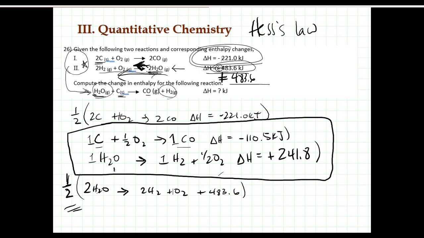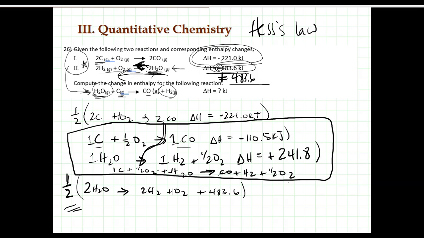So now I'm going to take these two equations and we're going to add them together. I have one carbon and half an oxygen and one water in all my reactants. And then on the other side of the yield sign, we have one carbon monoxide, one hydrogen gas, and half an oxygen. Interestingly, half an oxygen here, half an oxygen there.